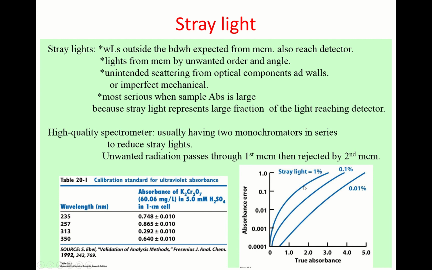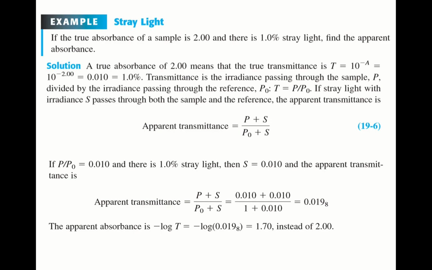Maybe more than 0.1. Let's calculate. True absorbance 2 means that the transmittance equals 10 to the minus A, which is 1%, 0.01. Absorbance 2 means a transmittance of 0.01.